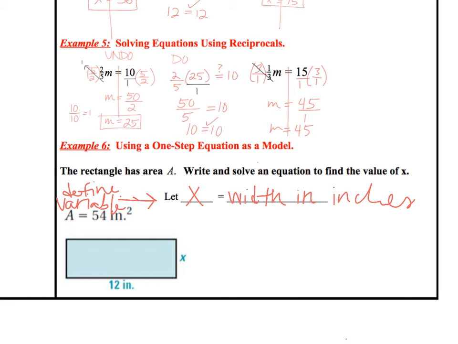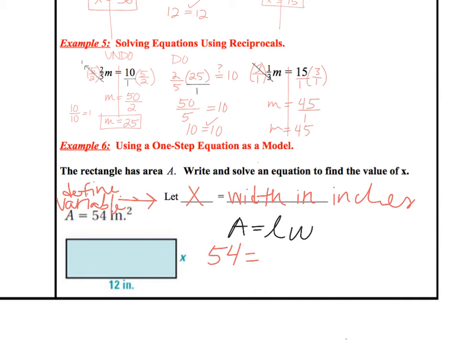Great. So when we do area, recall the area is length times width. So we can just replace those things now. It says that the area is 54 inches squared. So we're going to change it to 54.